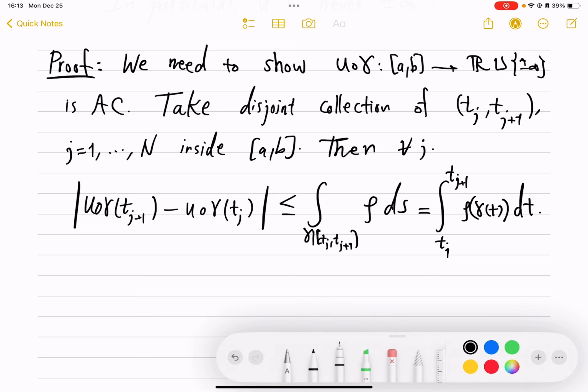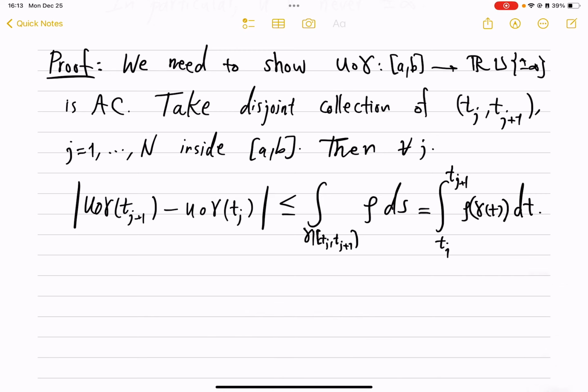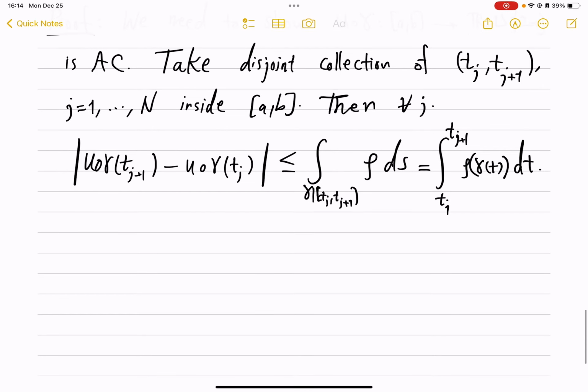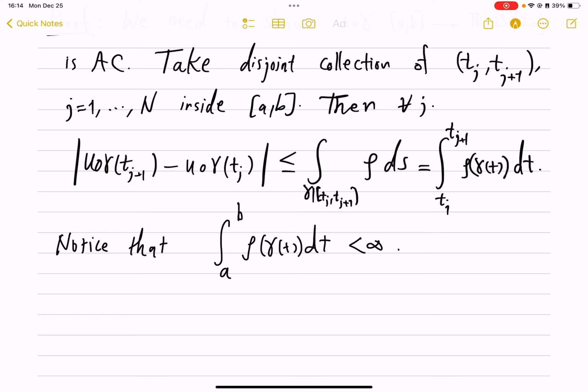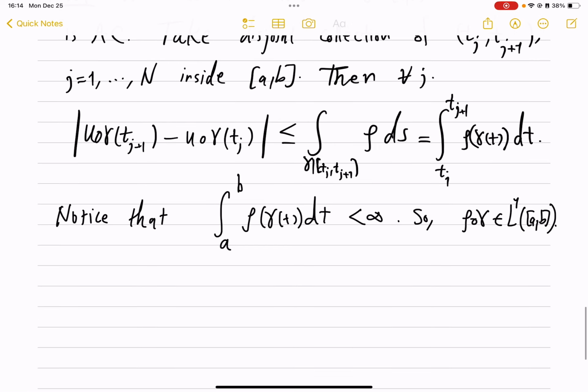Notice that by assumption and definition, the integral of rho o gamma t dt from A to B is finite. So rho o gamma belongs to L1 of AB. It's an L1 function. Now let's do a summation in star.